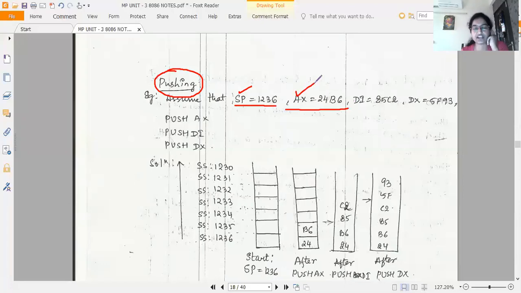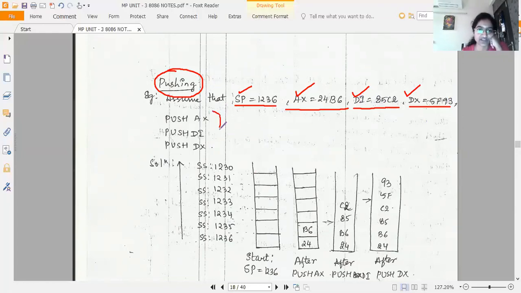AX is an accumulator register, a general purpose register. DI is having 85C2. What is DI? Destination index register. DX is again a general purpose register, and the content is 5F93. Now they have given all the contents here.